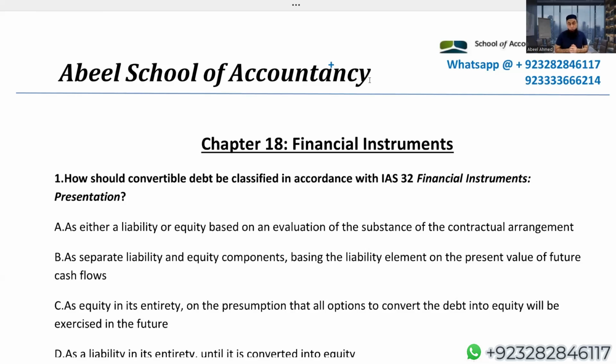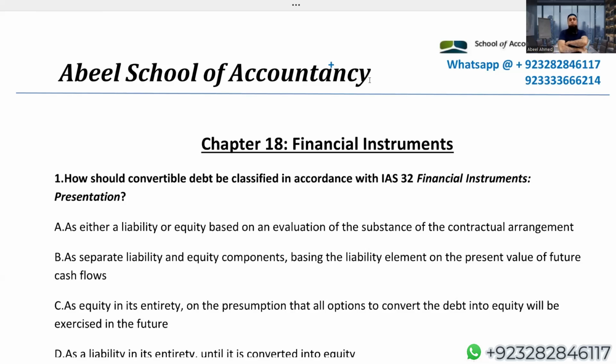And one more thing you should know: generally on convertible debt, the interest rate will be lower, and the technical name for non-convertible debt is straight debt. On a straight debt, the interest rate will be higher. So if ABC company issues a convertible bond, they will be paying lower cash interest on the convertible bond as compared to if they issue straight debt. Straight debt means without conversion option.